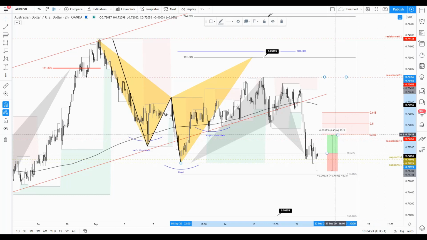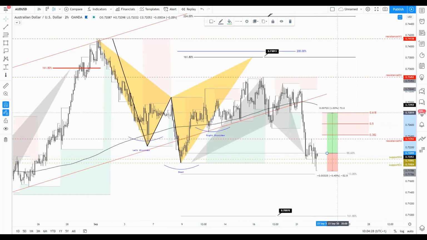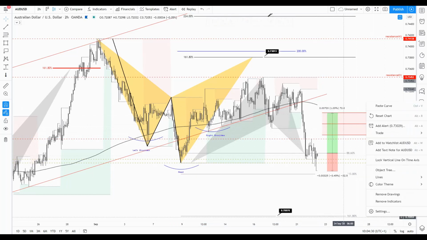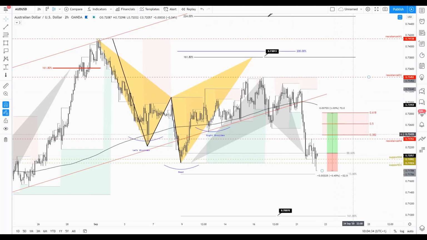And then obviously if the market decides to bounce, we will maximize our profits at the golden Fibonacci retracement, and in that case we will trade the 1-to-2 risk reward situation. So we will put at risk $1 and we will win $2 for that setup.